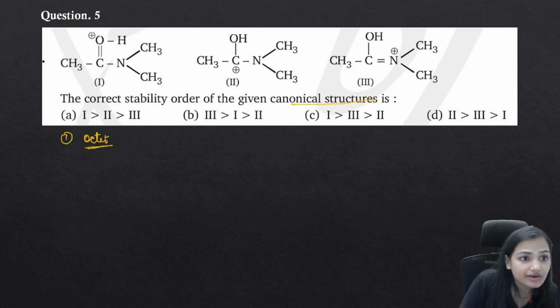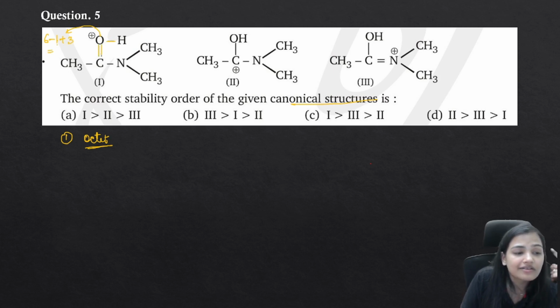Now if you look at the oxygen, it has 6 valence shell electrons, minus 1 because of the positive charge. Then how many bonds is it forming? 1, 2, 3, so plus 3. Ultimately, 6 minus 1 is 5, plus 3 is 8. This is an 8 electron species. Look at the carbon, guys.